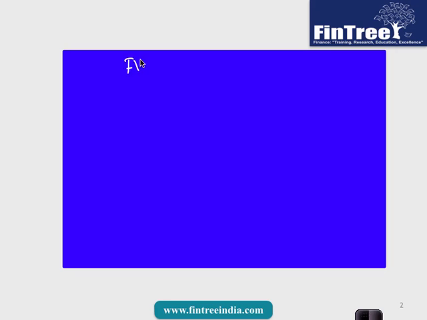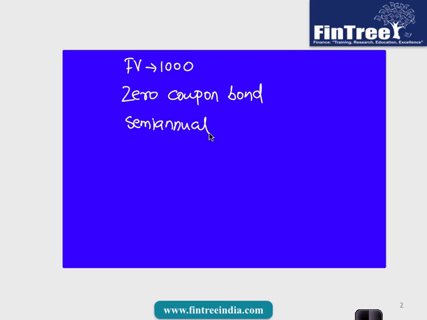Face value 1000. It is a zero coupon bond. Zero coupon means you would not be paid any amount of coupon on an annual basis. It is a semi-annual bond. Even though it's zero coupon, semi-annual means compounding is going to happen twice a year.